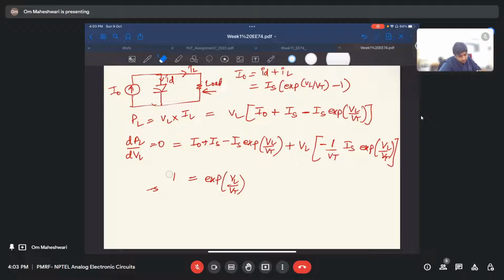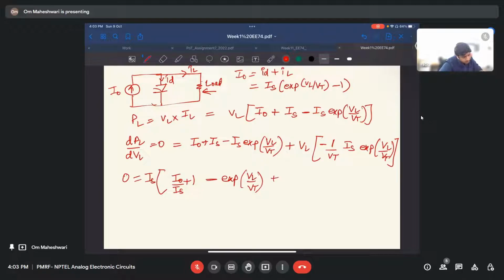Okay, let me write it more clearly. I'll take 0 equals IS common: I naught by IS plus 1 minus EXP VL by VT minus VL by VT EXP VL by VT. Okay, this is also fine. Then IS can multiply here and go to 0, so I'll just remove it directly.